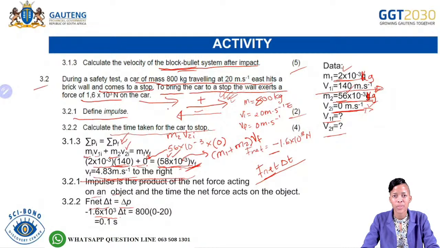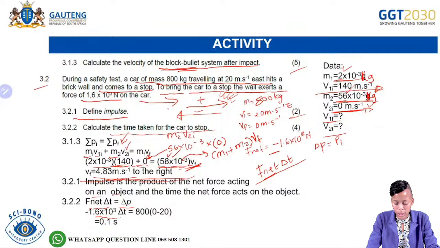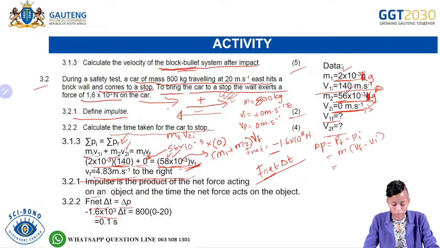So our F net will be negative. The change in momentum can be represented by P final minus P initial, and again we can have m times V final minus V initial. Okay.